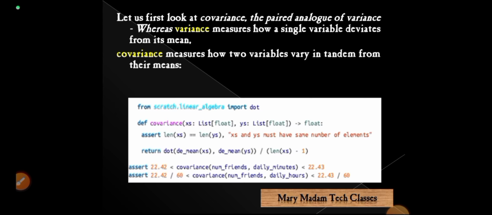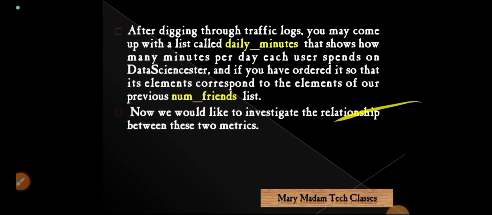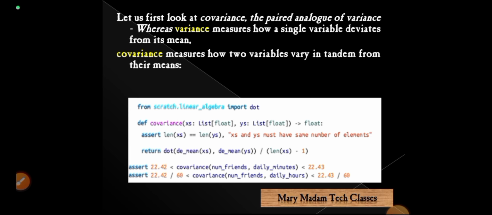Okay, then let us first look at the covariance, the paired analog of the variance. Whereas variance measures how a single variable deviates from its mean, covariance measures how two variables vary in tandem from their means.